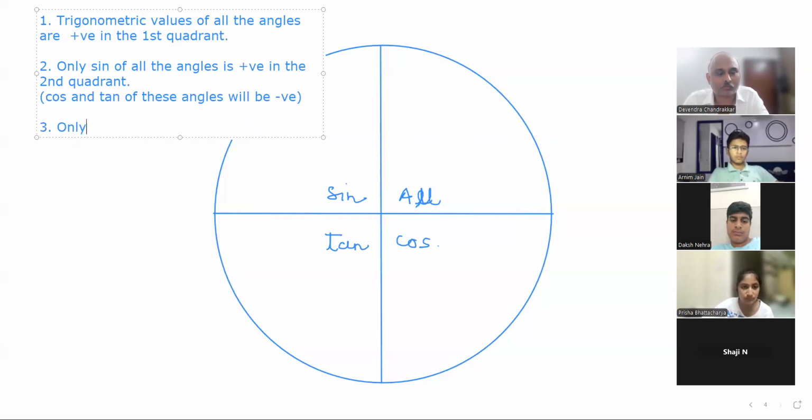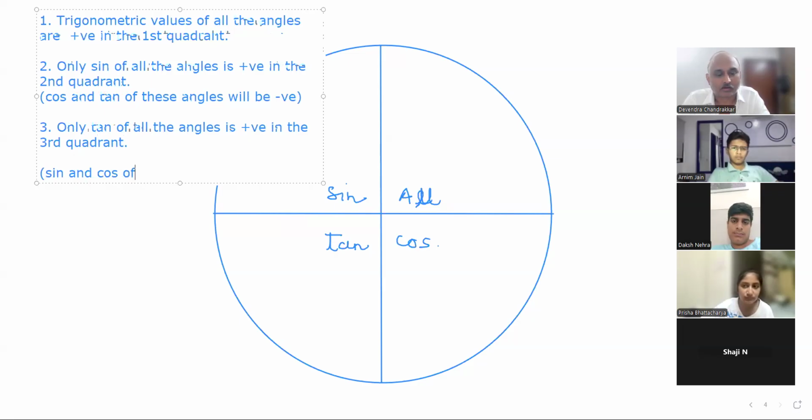So next is only tan of all the angles is positive in the third quadrant, right? So here sine and cos are negative. Sine and cos of these angles are negative, right?